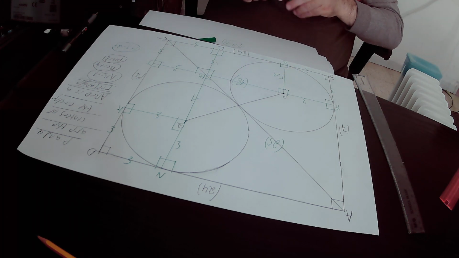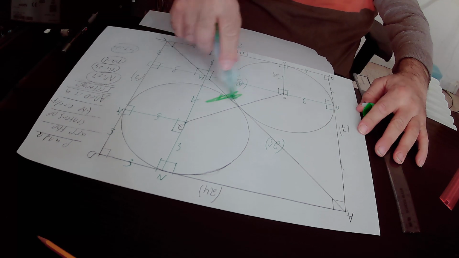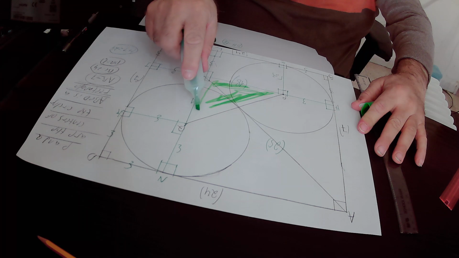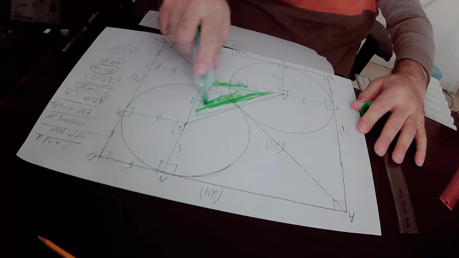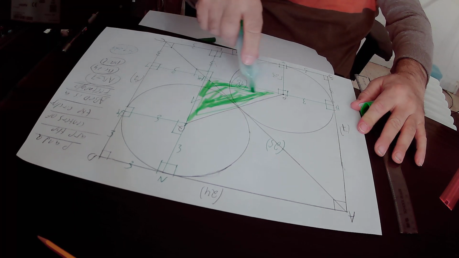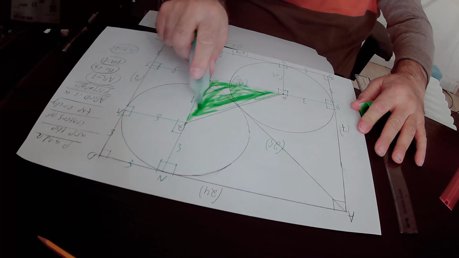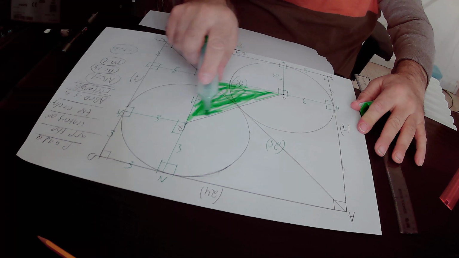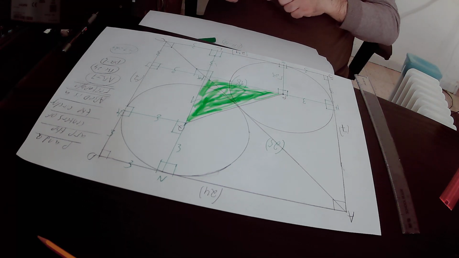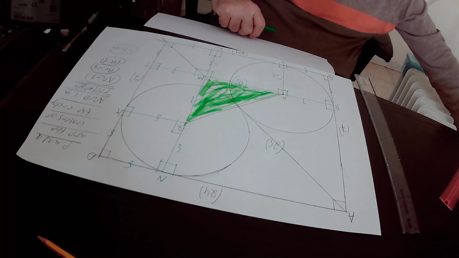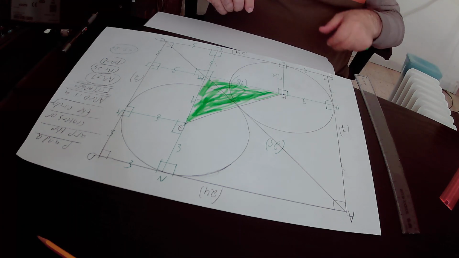In the next step, we'll implement the Pythagoras theorem on the right triangle QKP, the right green triangle QKP. So I copy the right green triangle QKP onto your page and we'll implement the Pythagoras theorem on it.